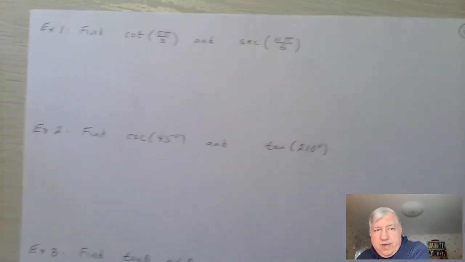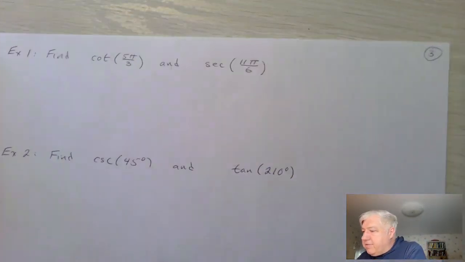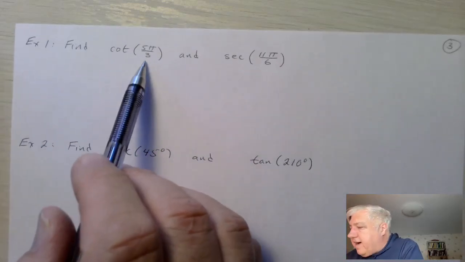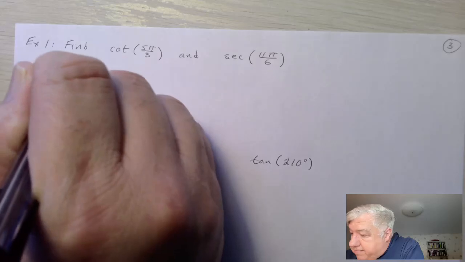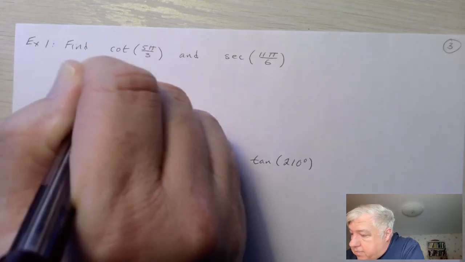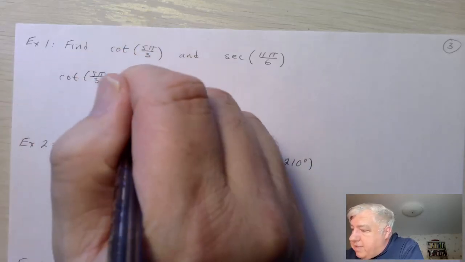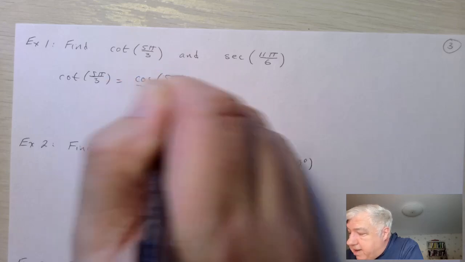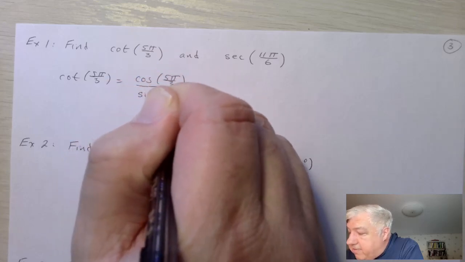So let's find what some of these values are. In our first example, say if we wanted to find the cotangent of 5 pi over 3, this is the same thing as cosine of 5 pi over 3 divided by the sine of 5 pi over 3.